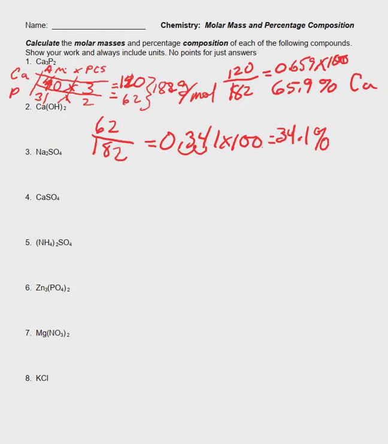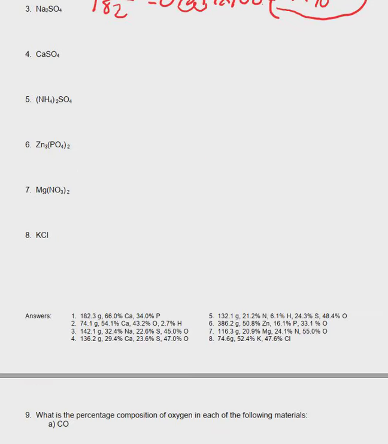So Ca3P2 has 65.9% calcium and 34.1% phosphorus. And I've put the answer down on the bottom, and our answer corresponds.